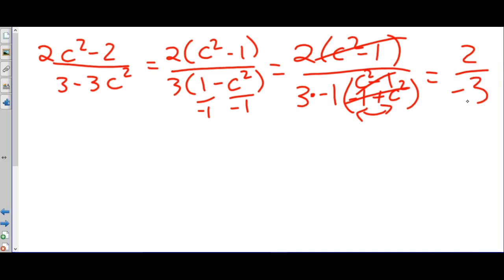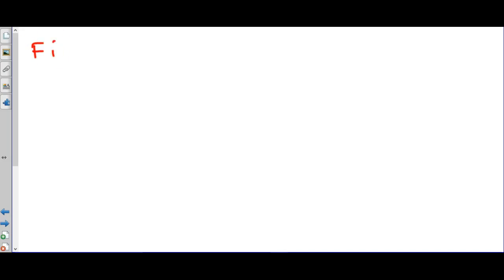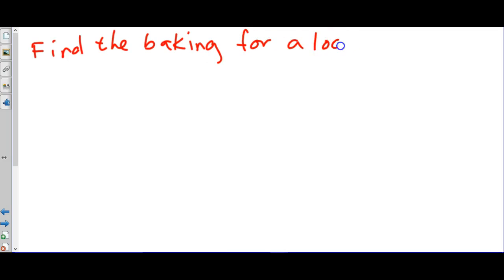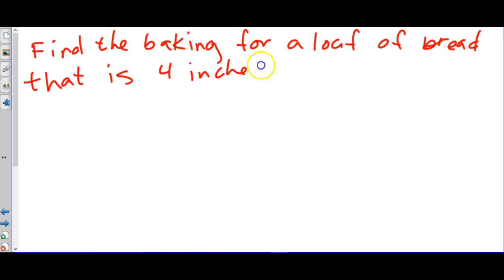So the last thing they'll ask you to do in this section is to do a word problem. So find the baking time for a loaf of bread that is 4 inches long and has a radius of 3 inches.